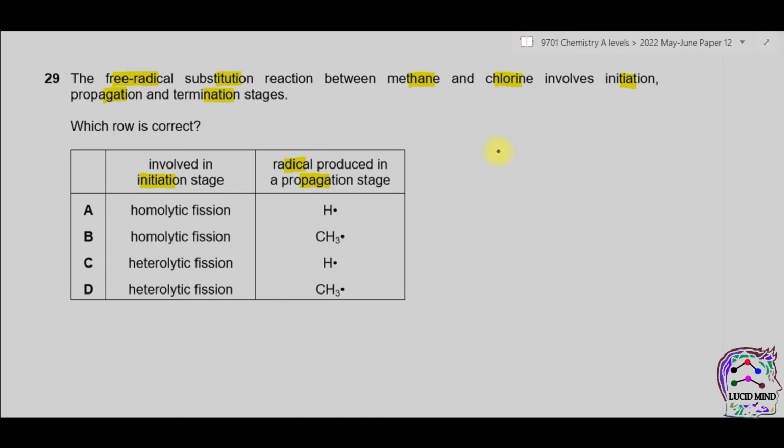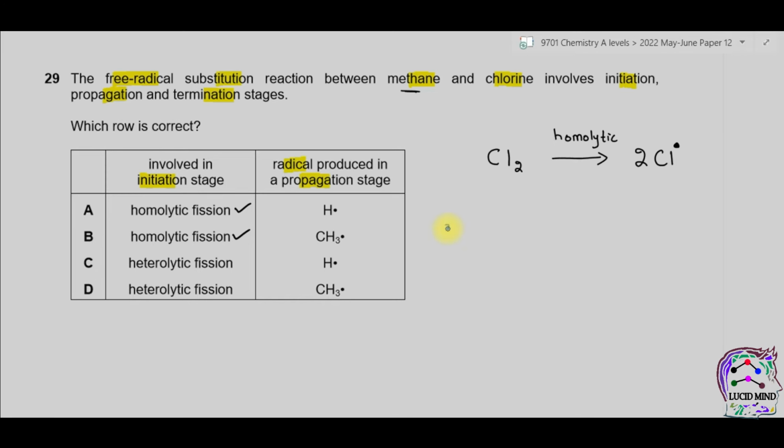So in the first stage, what happens? The chlorine Cl-Cl bond breaks and we have two radicals that are formed. So we have equal distribution of bonded electrons between two chlorine atoms, so it should be homolytic. So homolytic fission takes place. Then it says what happens in propagation. So this chlorine atom can react with methane.